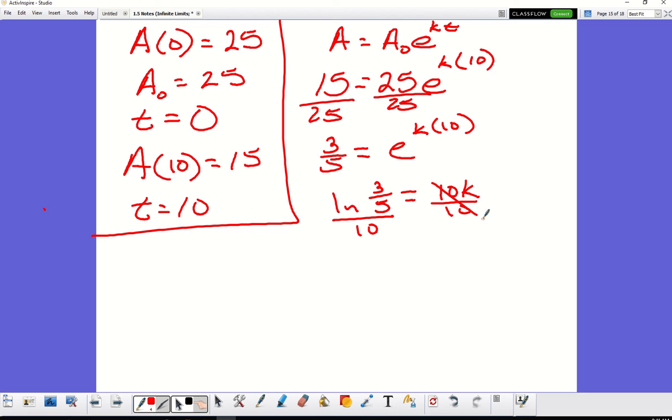I know I'm looking for A. So A equals, oh wait, crap. It's 25 e to the power of 24 times ln 3 over 5 divided by 10.